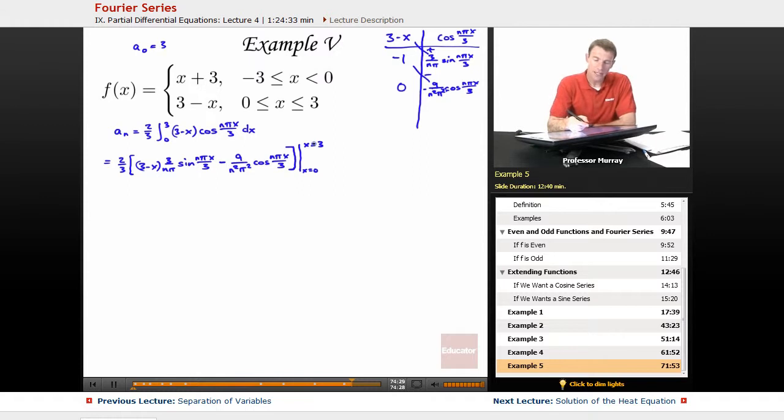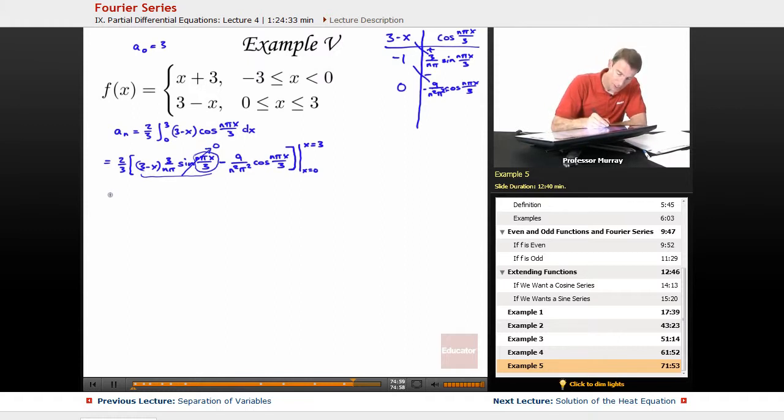The nice thing here is I've got this complicated expression, but if I plug in x equals 3 or x equals 0, I'll get a whole multiple of n pi inside the sine. So that term's going to go to 0 on both sides. On the other side, it's not so good.